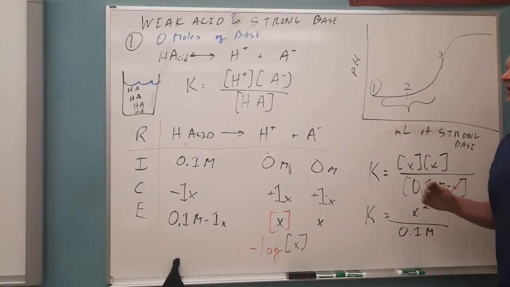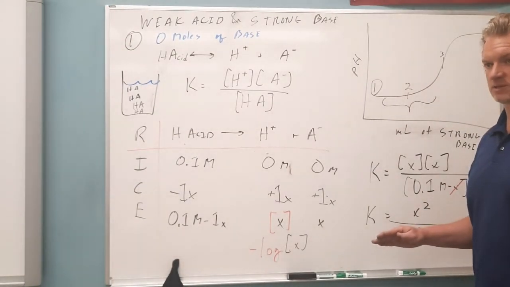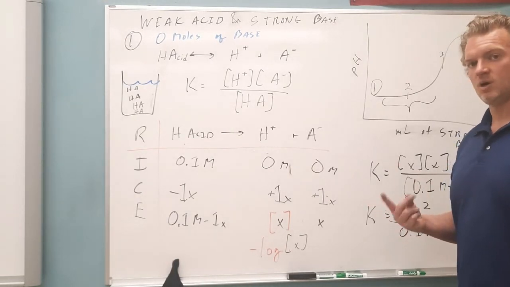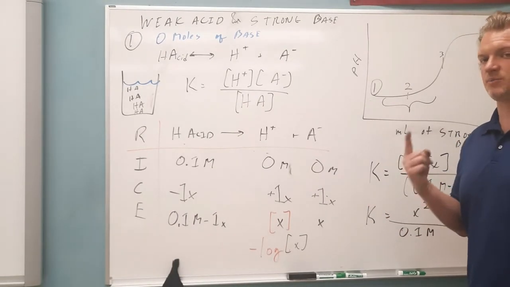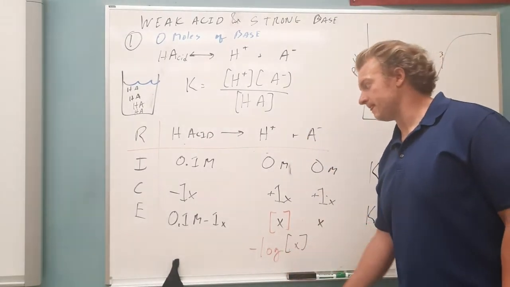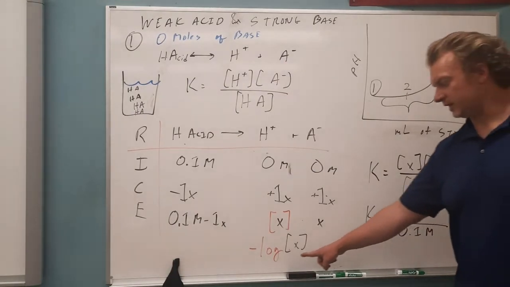When you have a weak acid and there are 0 moles of base present, you could be asked 2 kinds of questions. One question is, what is the pH? Run a rice table, solve for X, plug it into negative log.